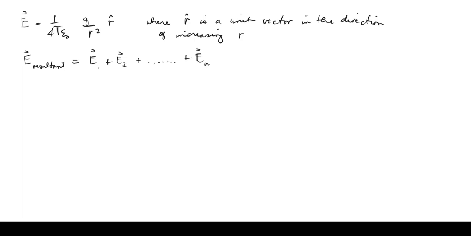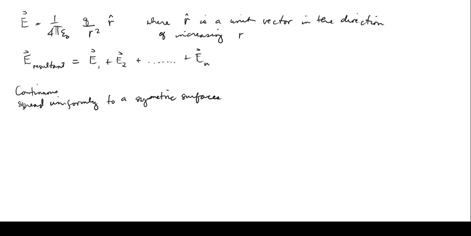However, if the distribution of charge is continuous, take note, if it is continuous and spread uniformly over symmetric surfaces, for example a spherical surface or cylindrical surface, we can use an elegant manner of calculating the resultant electric field.